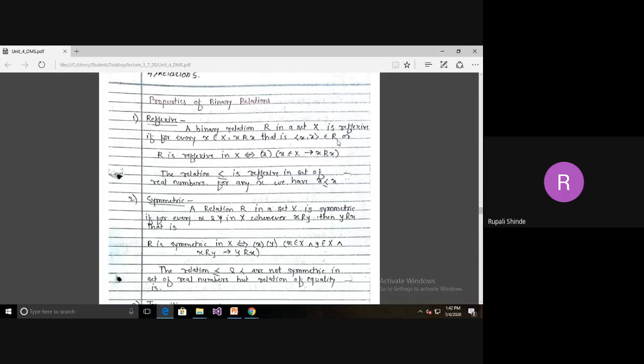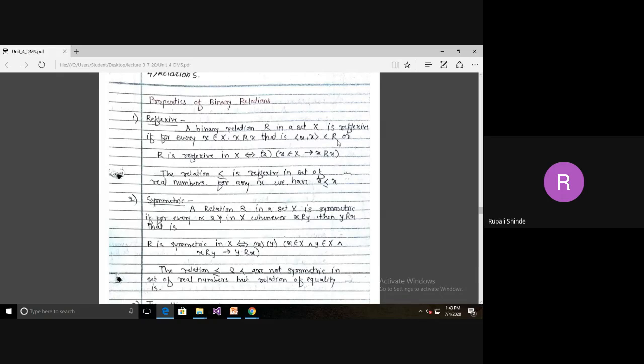A relation is said to be reflexive if for every element of that set X the ordered pair x comma x belongs to R, then only are we going to say that the relation is a reflexive relation.